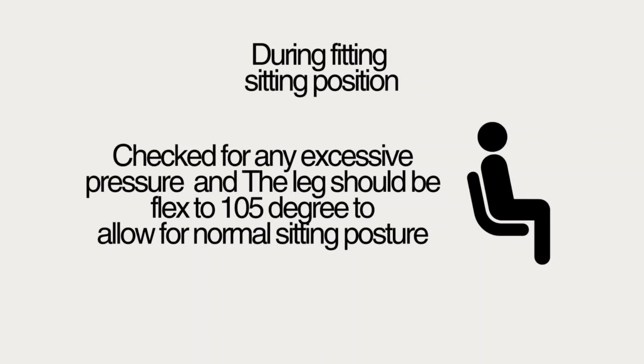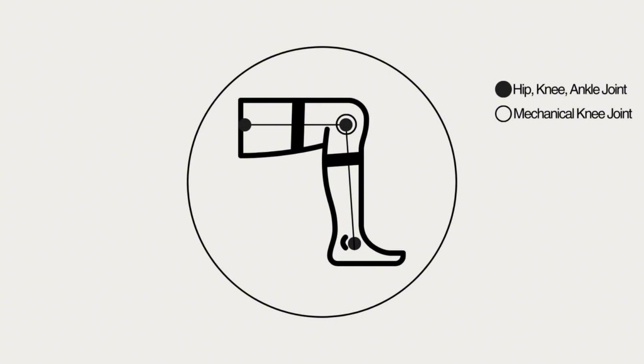For checking any excessive pressure, the leg should be flexed to 105 degrees to allow for a normal sitting posture. The next, you can see this is an example of a correct knee joint axis drawing.